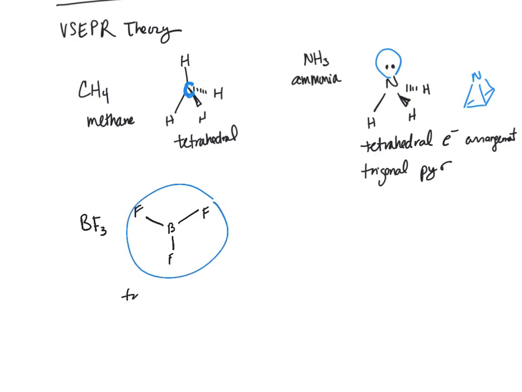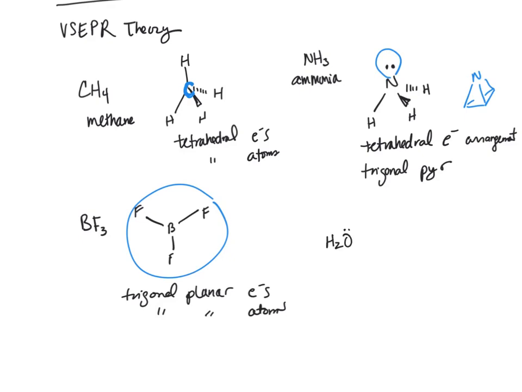This gives us a trigonal planar arrangement for electrons and atoms. Lastly, let's look at a simple example of water.